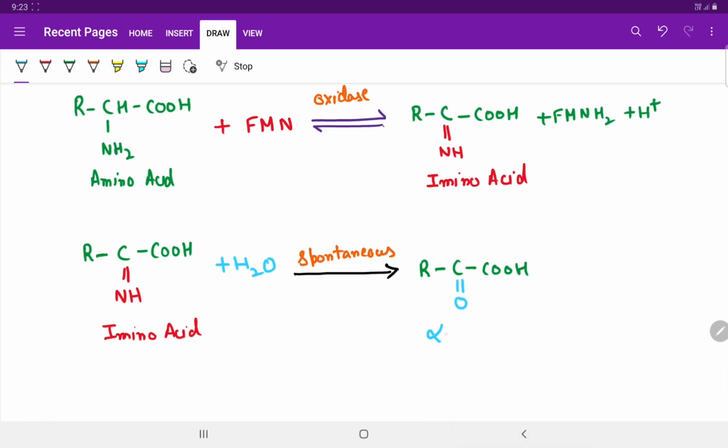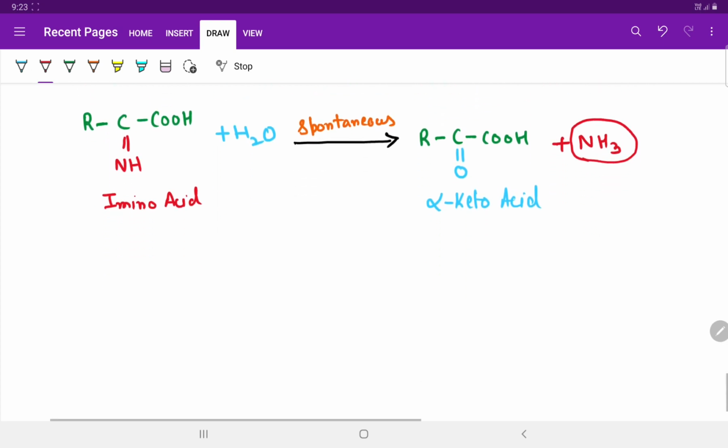So this is an alpha keto acid and ammonia is liberated here. You can see the ammonia is deaminated, removed from the amino acid group.